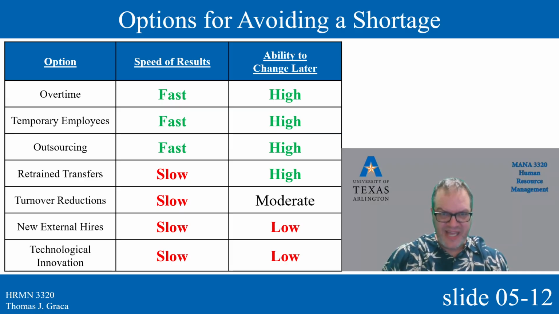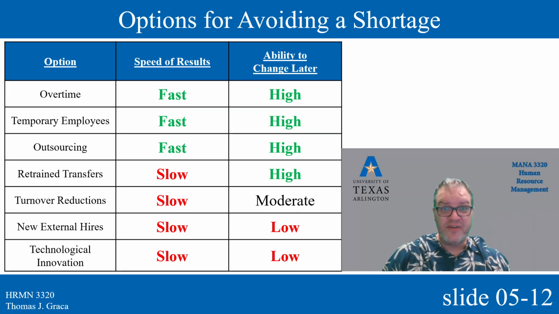Speed of results fast, usually, assuming that what you need isn't something very specific or something that requires new tooling at the outsourced location. Typically fast. Ability to change later is high, right? So assuming that the contract you make with your outsource provider is a short-term contract.